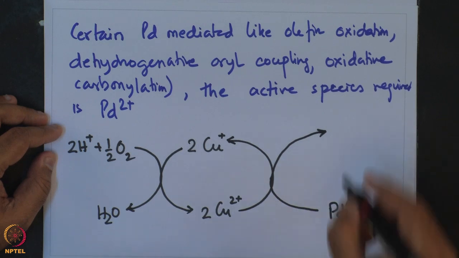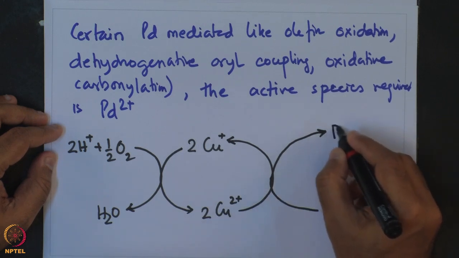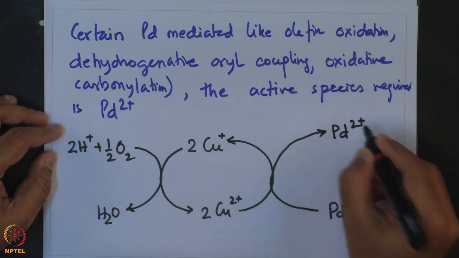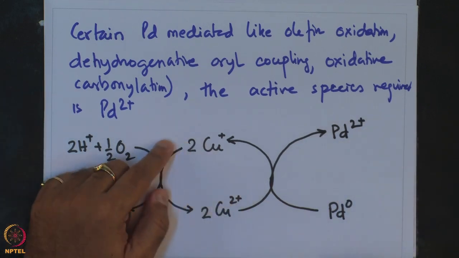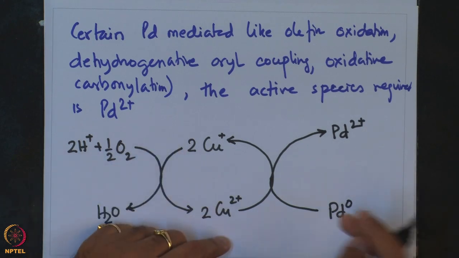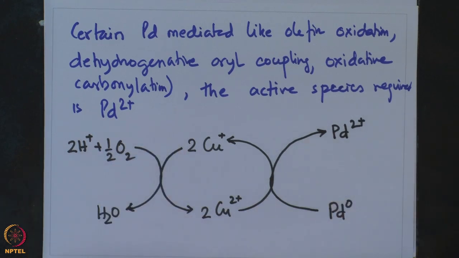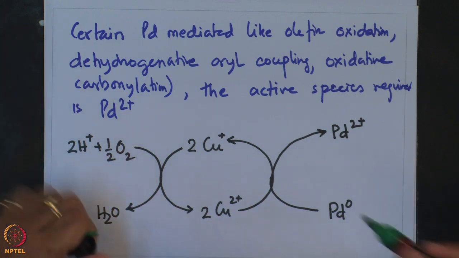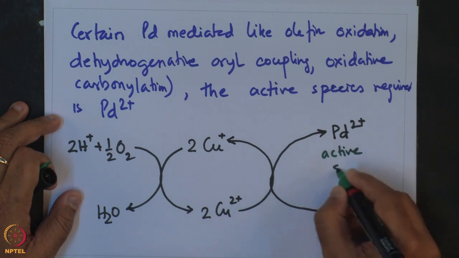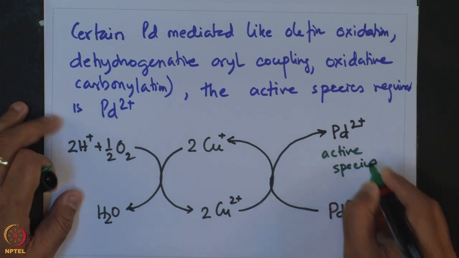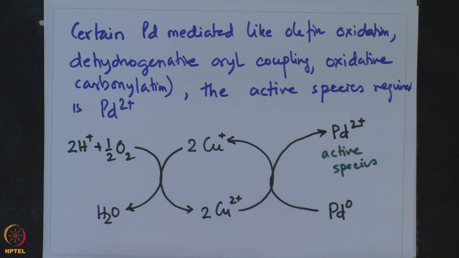Palladium 0 goes to palladium 2 plus, and then copper 2 would get reduced to copper 1 and palladium 0 would get oxidized to palladium 2, and then this palladium 2 would be the active species required in this catalytic cycle.